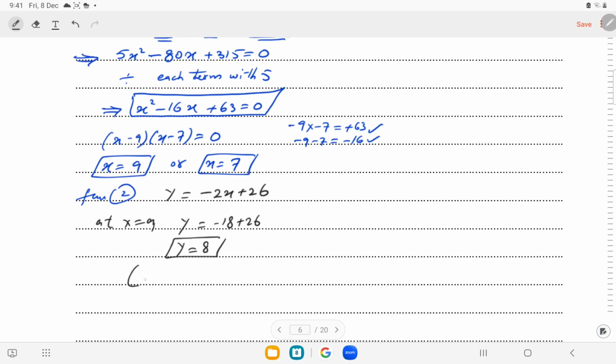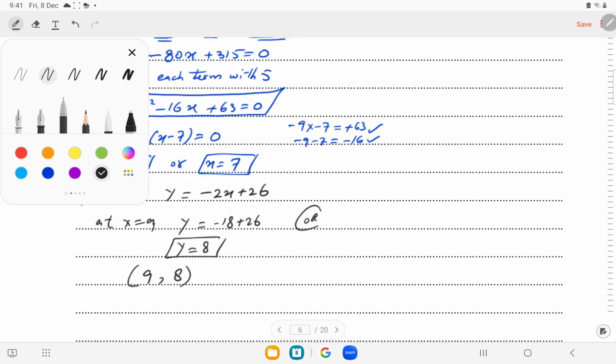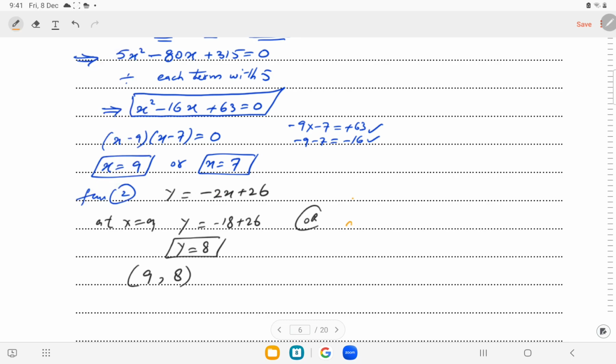So one coordinate comes to be, when x was 9, y is 8. Okay, I'm going to change the color. At x is equal to 7, y equals minus 14 plus 26. So y comes to be 12.